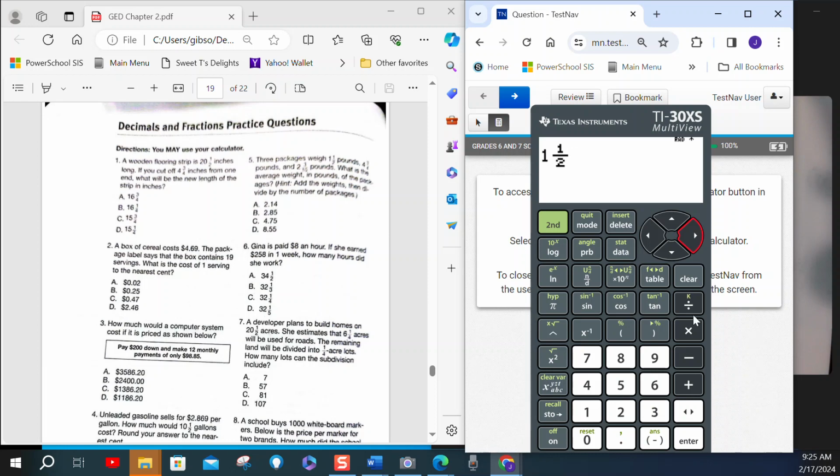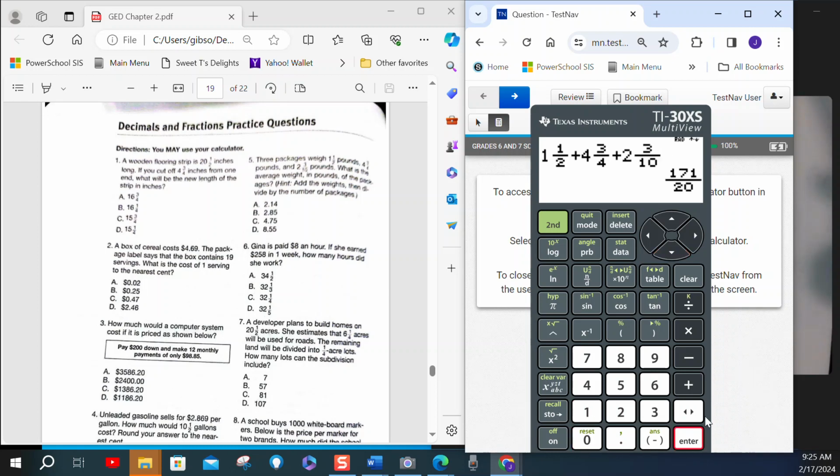Hit the right arrow, plus, we have 4. Oh, I forgot to press second and then N over D. Then we have 4, the right arrow, 3, the down arrow, 4, right arrow, plus, second, N over D. It'll be 2, right arrow, 3, down arrow, 10, and press enter.